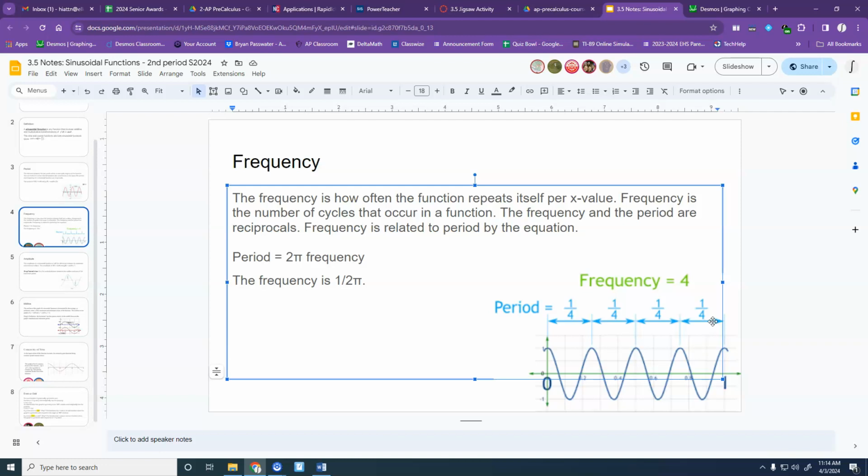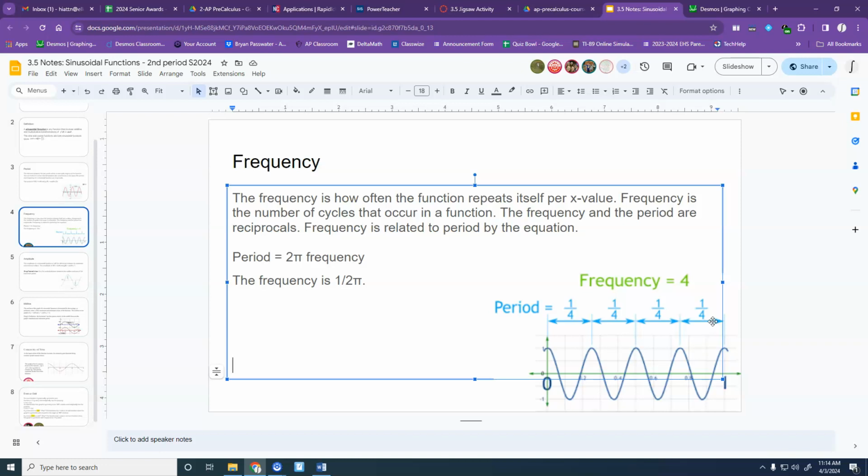One thing you may know about that is given in a frequency is on your car, you have your tachometer, and it's read in RPMs. What does that stand for? Rotations per minute. That is a frequency. I think it's in thousands.